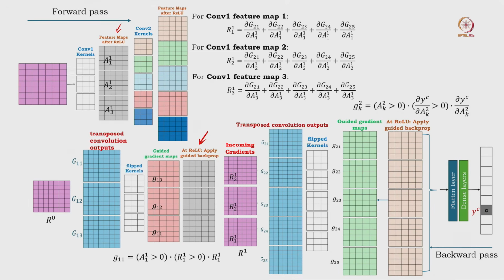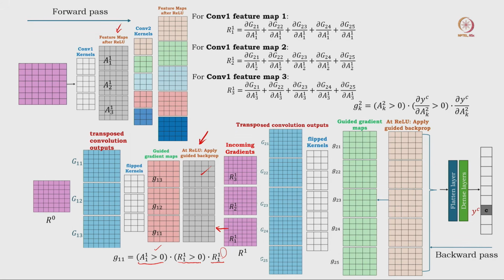Here we have a feature map. The feature map values which are greater than 0 give the forward ReLU mask, and then there is the incoming gradient that we are getting. In this incoming gradient, if there are any values greater than 0, retain them; less than 0, mask them.